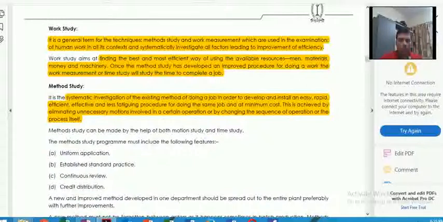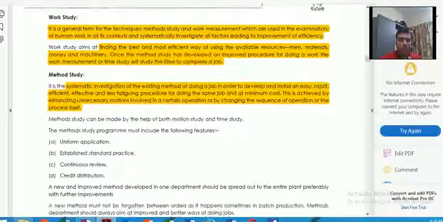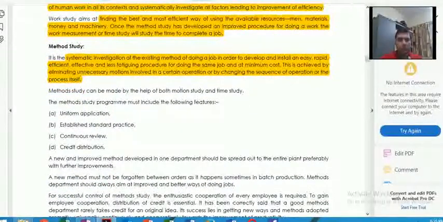Now why is method study important, or why does it have huge importance in today's competitive environment? As I have told you, automation has increased to a great extent in today's competitive environment. Many complex manufacturing processes are done by the use of robots.